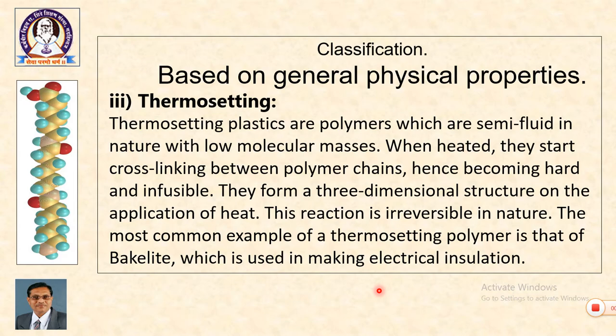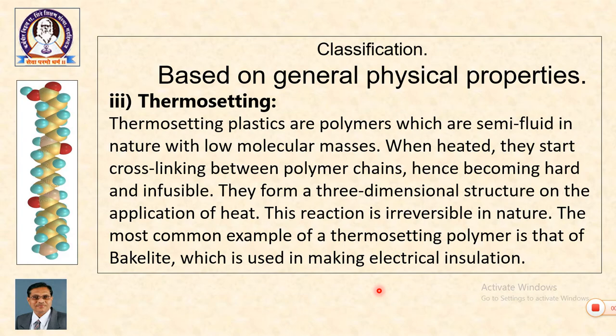Thermosetting plastics are polymers which are semi-fluid. In the earliest case, it was a viscous mass, semi-fluid in nature with low molecular masses. When heated, they start cross-linking. What is the behavior? The difference between thermoplastics and thermosetting is that in thermoplastics there is no cross-linkage. In thermosetting there is a cross-linkage which is created after heating, and they become hard and infusible.